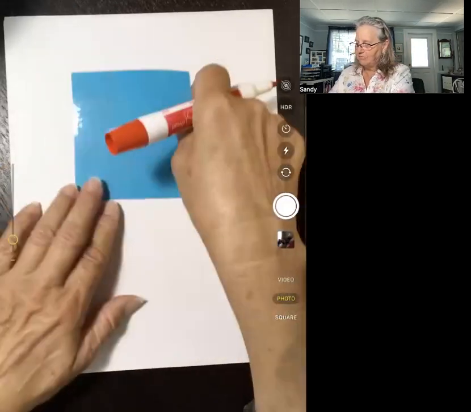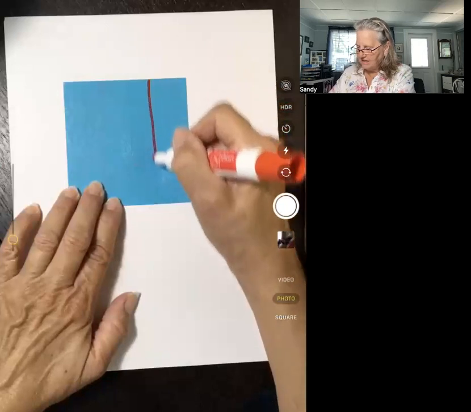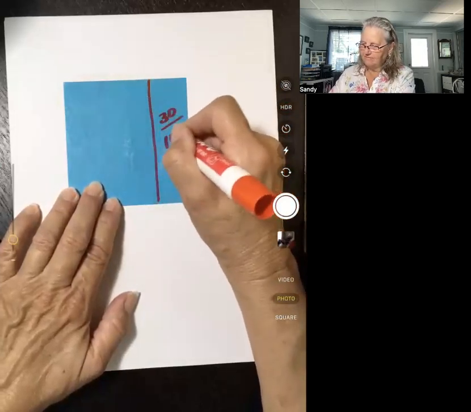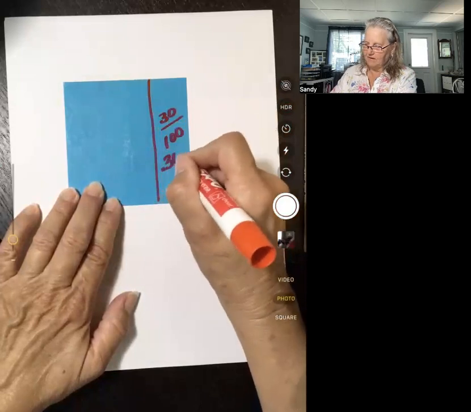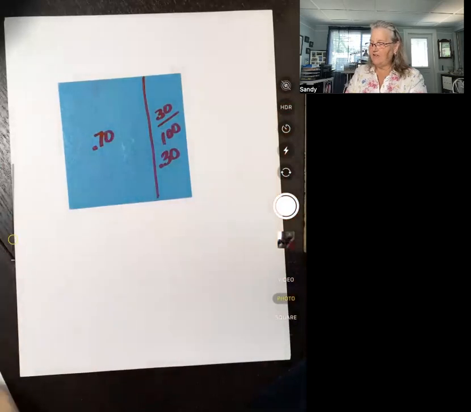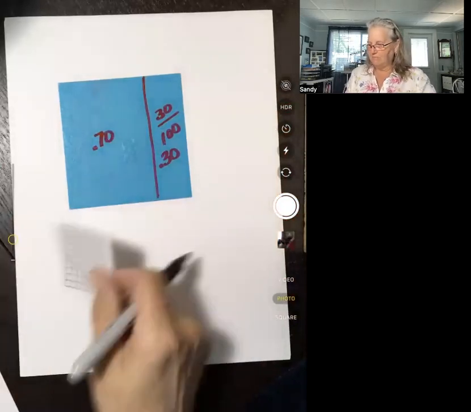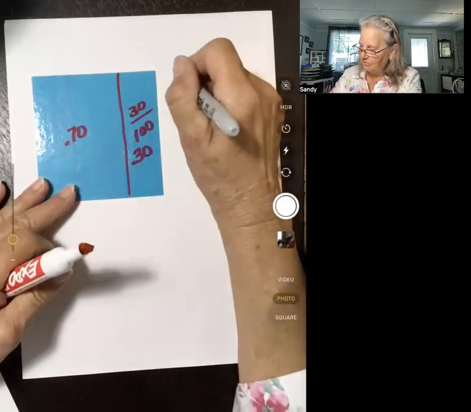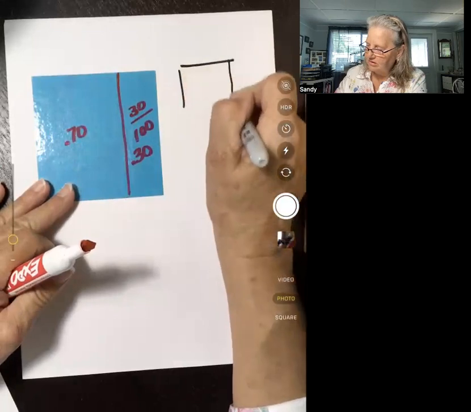We can, it's a way we can look at it, but we can also get them used to thinking about, well, I could cut this. This part is my 30 hundredths. This part is my 70 hundredths. And you see now my picture, instead of having this type drawn or all colored in, I could show, oh, well, there's my whole.